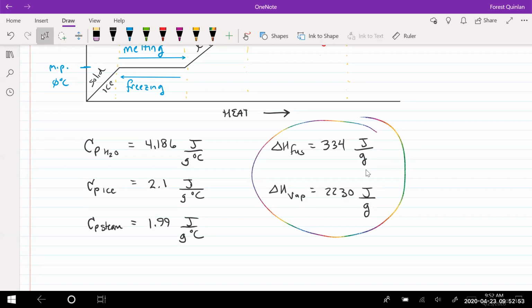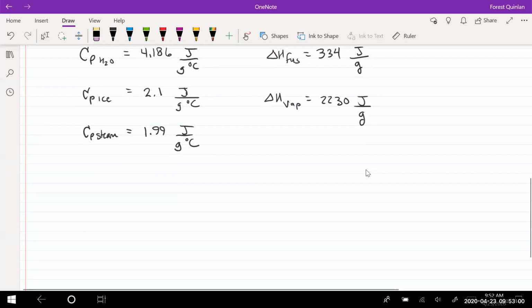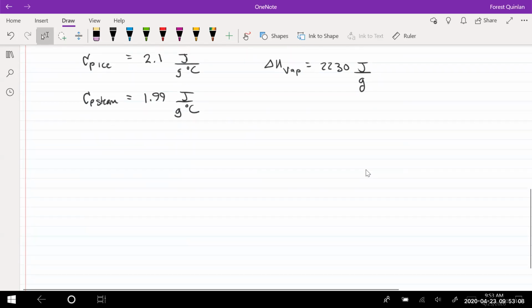So what I want us to do with these values is calculate just how much energy it would take if we took some ice at -10 and took it up to 110 Celsius.